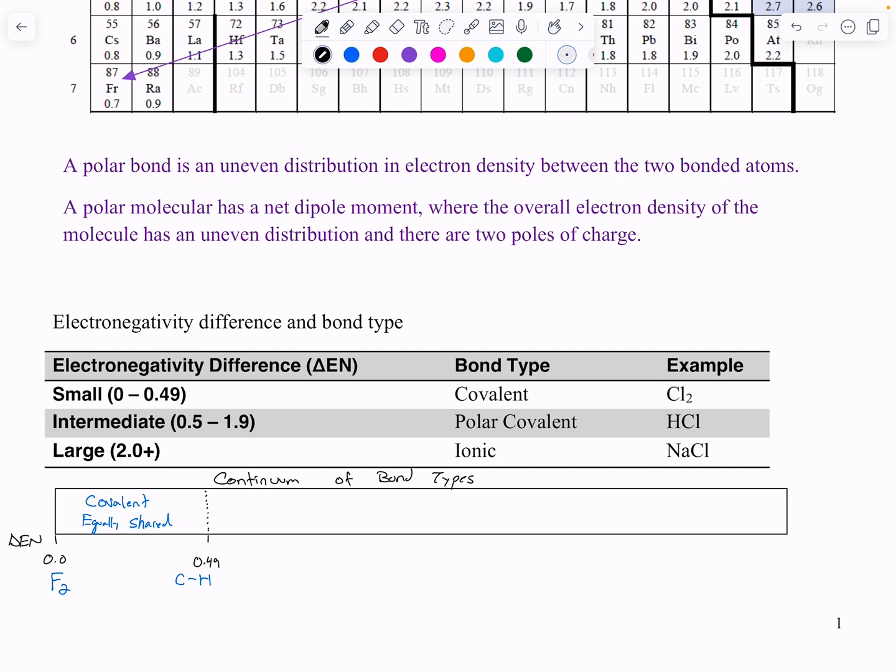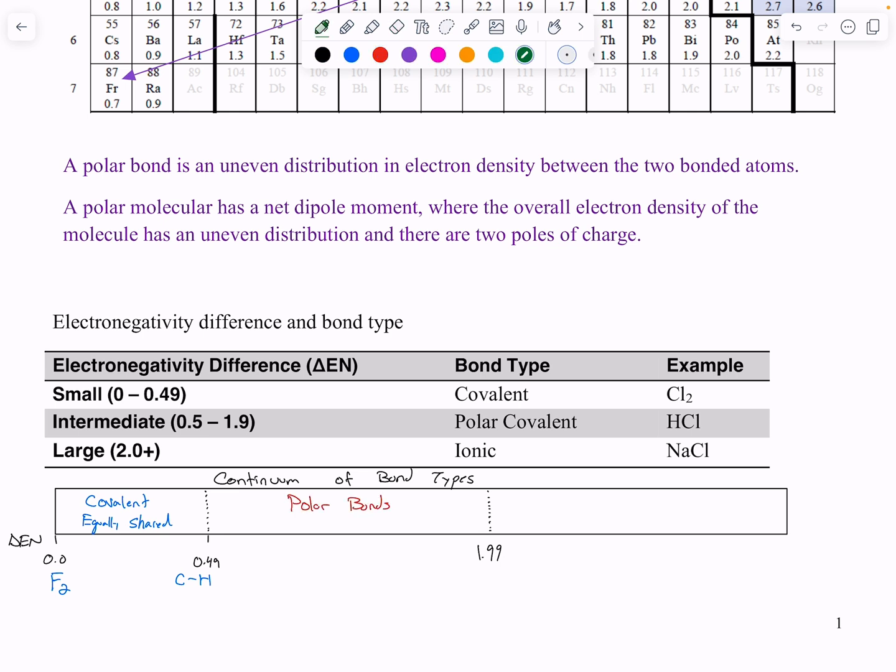Then we have from 0.49 to about 2, like 1.9 here. We'll call it 1.99 because then 2 becomes something else. So this would be the polar bonds.